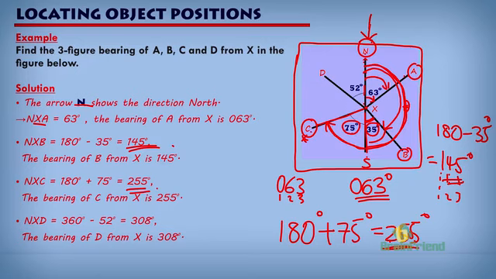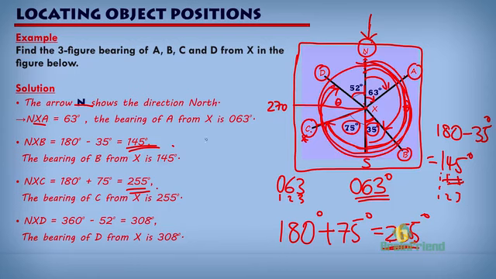Let's find the 3-figure bearing of point D. Again, measurement is taken only from the north. So we go the full distance. We have 180 degrees. At this point, remember we have 270 degrees. So we have 180 down to 270 and then down to our angle there, which we do not know. So basically, a full turn would have been 360 degrees, less this little angle here, and we'll have the remaining of our turn from here down to the north.